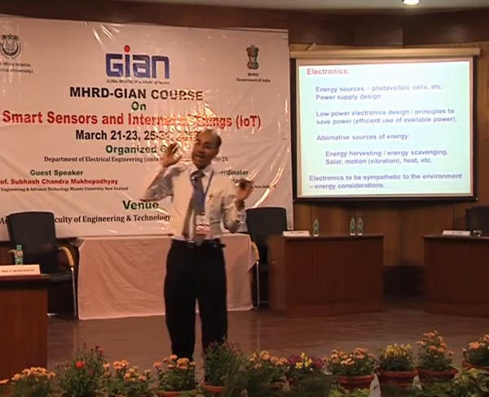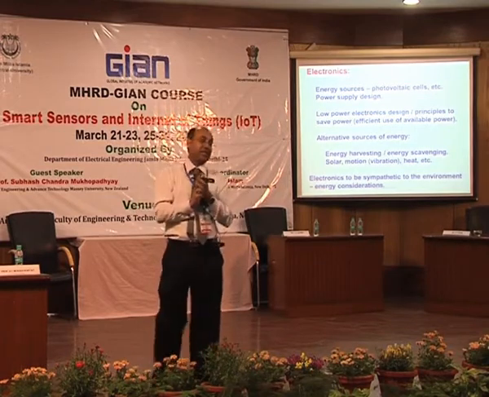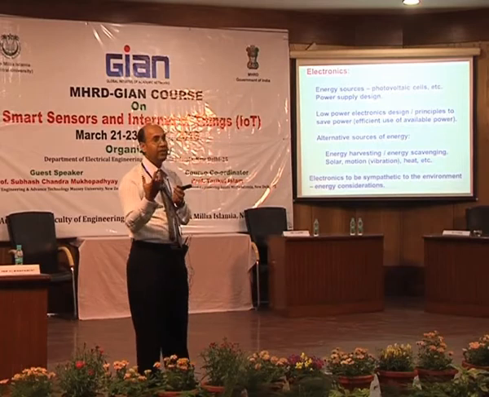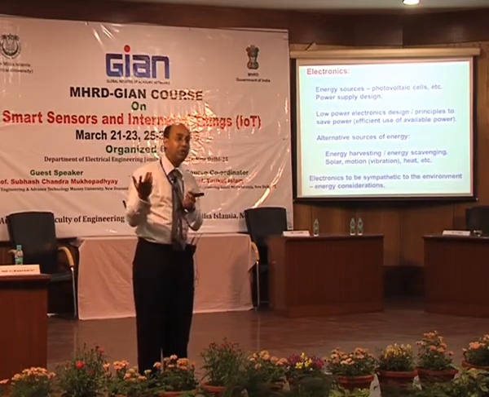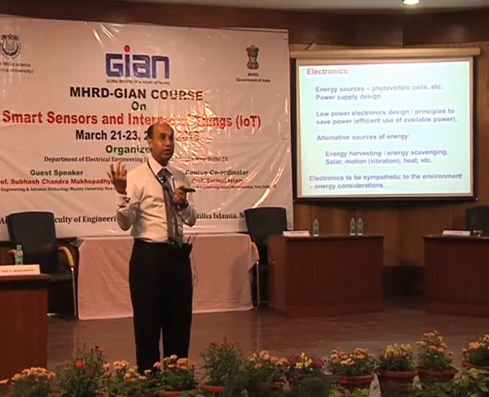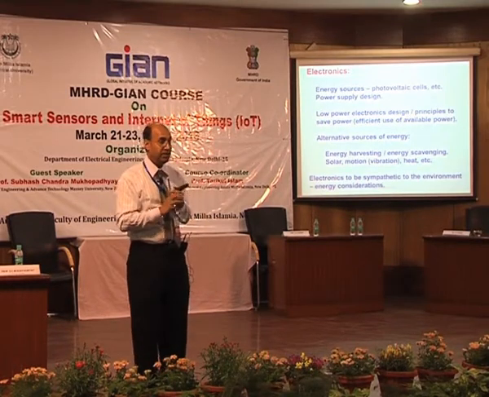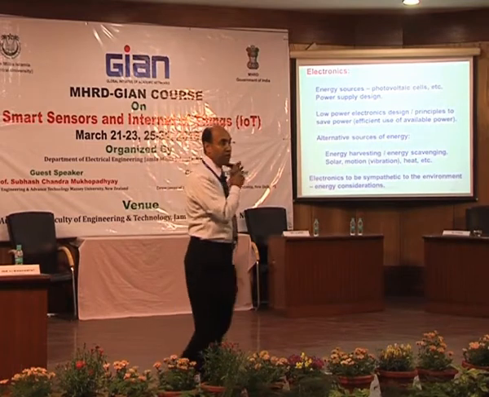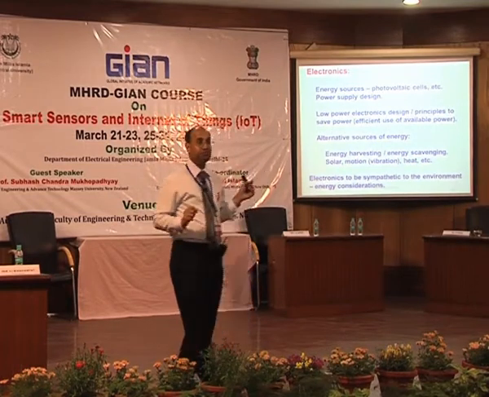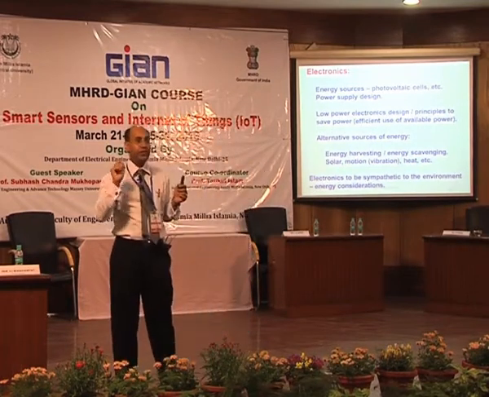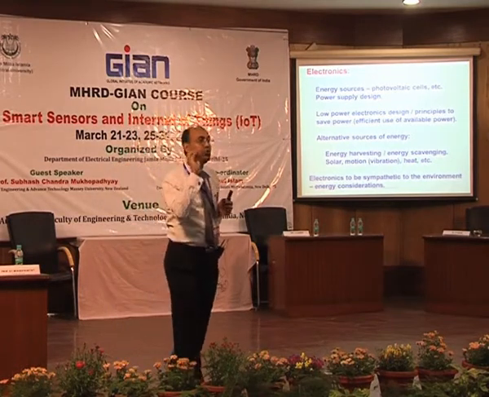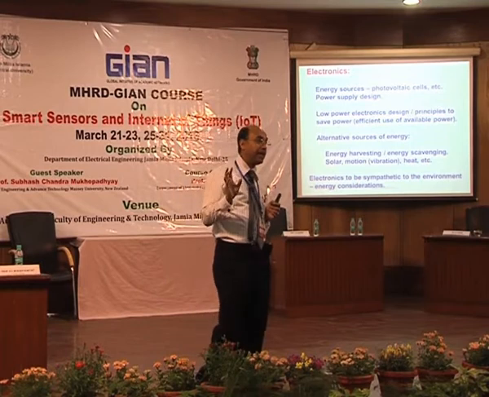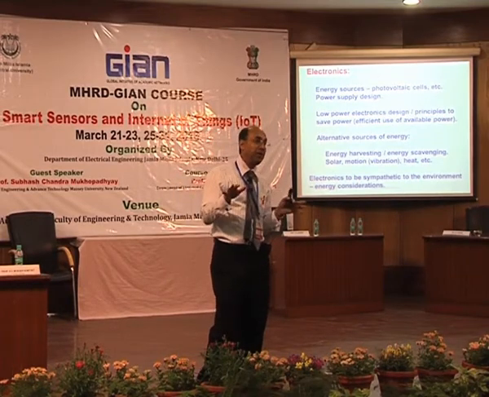But with all these techniques, what is happening at the moment is you get power of the order of a few hundred nanowatts to a few hundred microwatts. That's the biggest problem. If you think of your sensor node operating at 3.3 volts, you may draw only 2 or 3 milliamperes of current for normal operation.